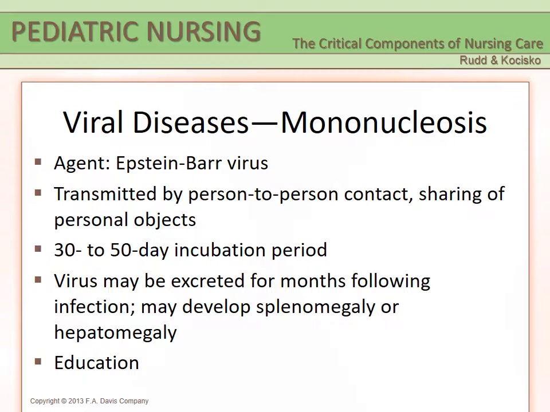A lot of times too, you may see pharyngitis with mononucleosis. So sometimes they have a hard time differentiating between, hey, is this mono or is it strep? The one thing that will come out is if you give ampicillin or amoxicillin to a patient that has mono and you think that you're treating strep, they're going to have a maculopapular rash on their body.